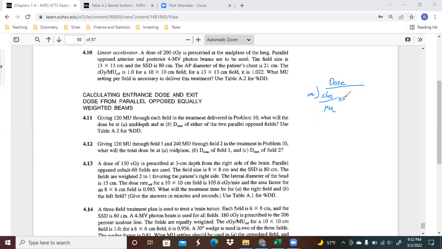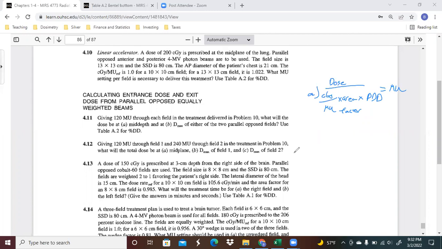That is going to be multiplied by the area factor. And then that is going to be multiplied by the PDD. This is all going to be equal to the number of monitor units.